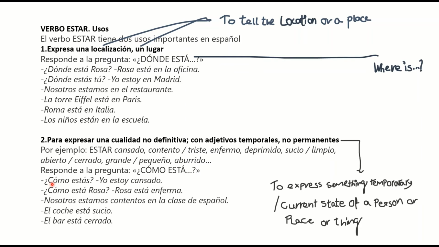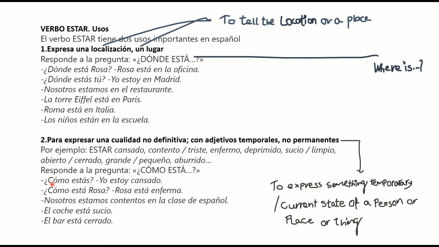El coche está sucio. Now, how the car is, el coche means car. El coche está sucio. So we're talking about the condition of the car. So it's saying how the car is, the car is dirty. Sucio means dirty. We're saying el coche está sucio. The car is dirty. Again, it will be cleaned, it will be fine.